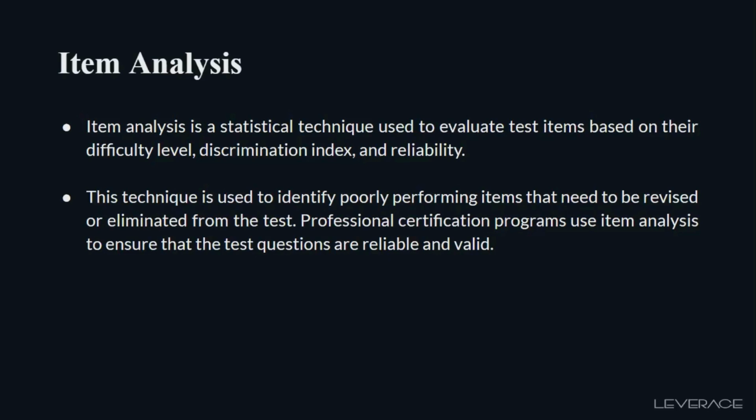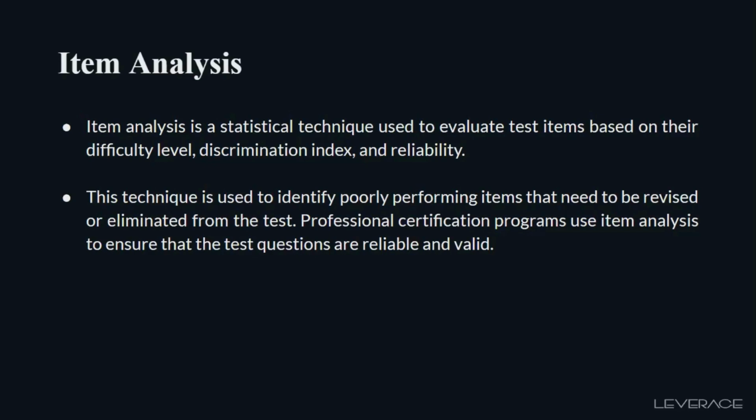So in carrying out item analysis, you get to find out the difficulty level of that test. You get to find out the discrimination index of that test. You get to also find out how reliable that test is. You also check whether it is biased or not biased. You check whether it is valid or not. So it is a technique that is used to identify items that are performing poorly.